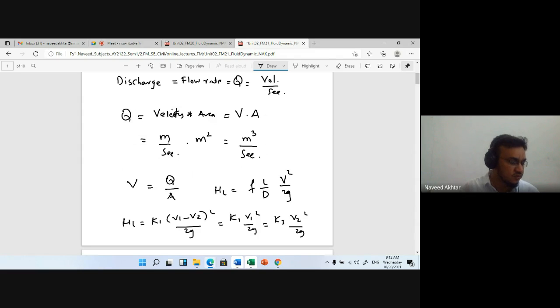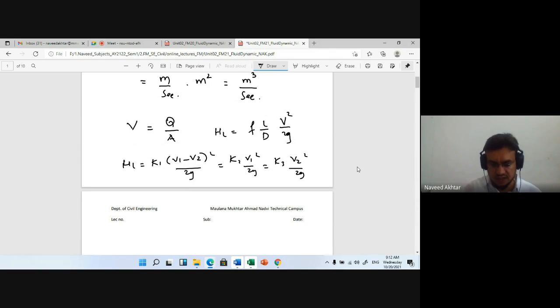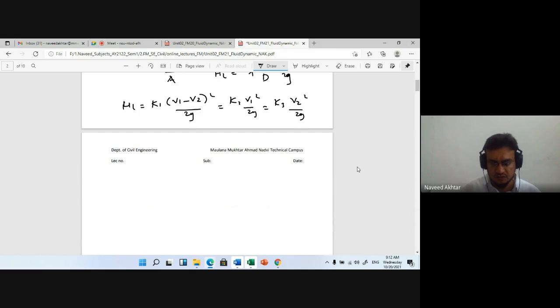This is the formula for HL. And you know the values of K1, K2 and K3 at different sections. K1 is equal to 1 at the entry, K2 is equal to (1 minus A1 upon A2) whole square, and K3 at the entrance of the pipe is (A2 upon A1 minus 1) whole square.